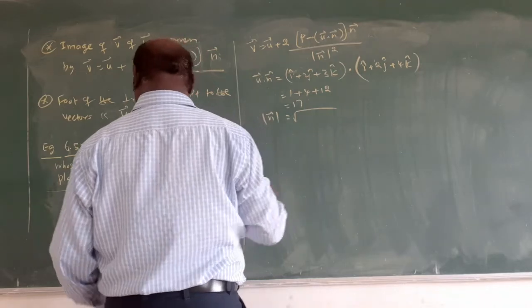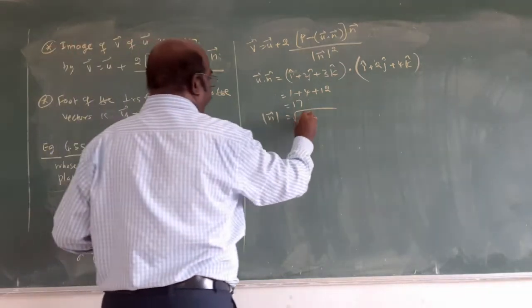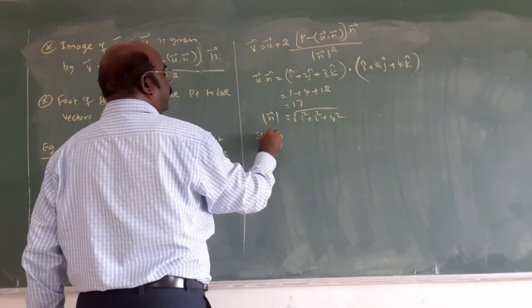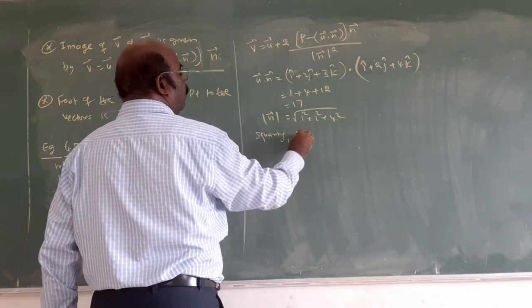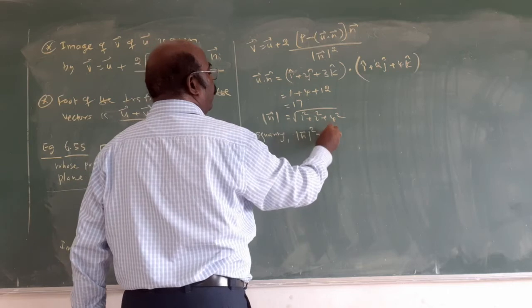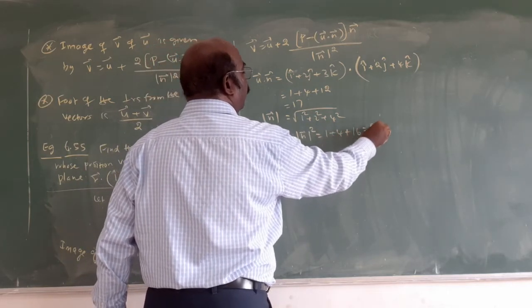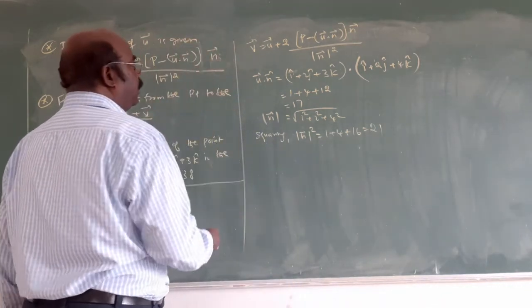Now modulus of n vector: 1 square, 2 square, 4 square. Now square on both sides, modulus of n whole square, the root will not come. Am I right? That is 21. Now substitute that.